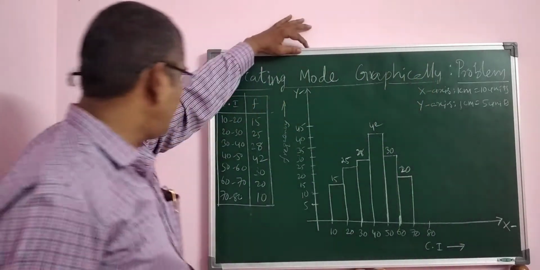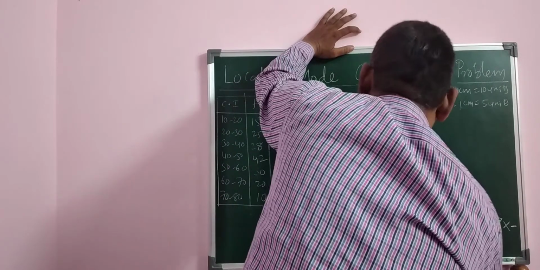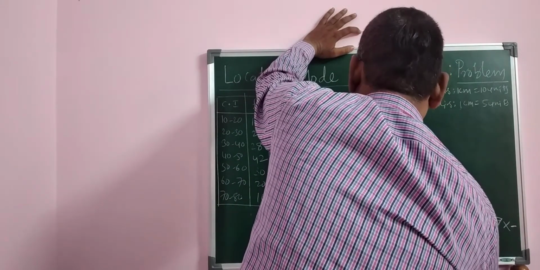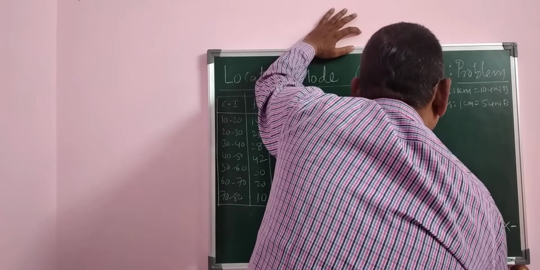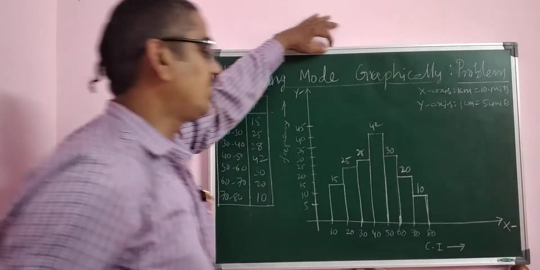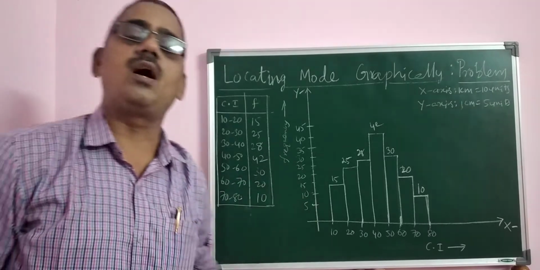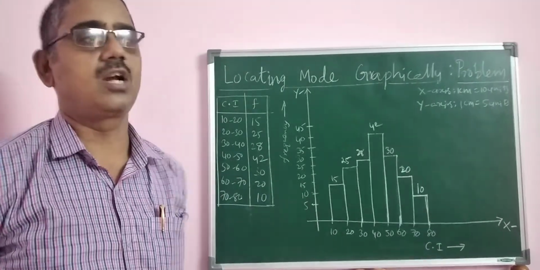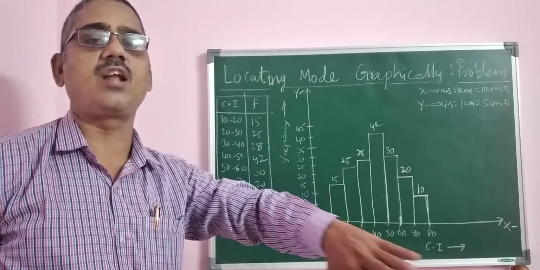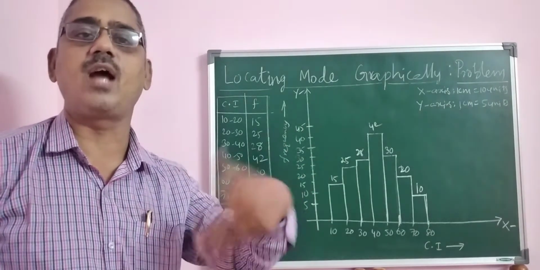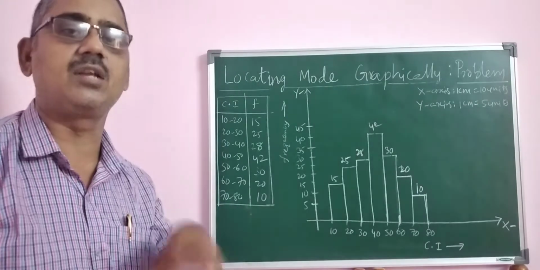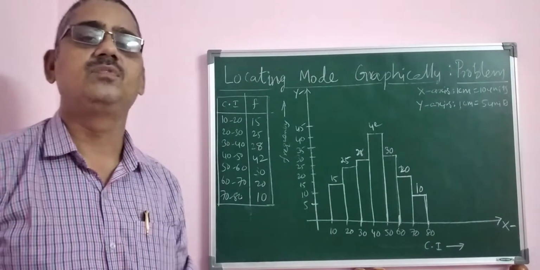And then 70 to 80 it is 10. This is the value 10, the corresponding frequency. This is the histogram we have constructed, obtaining continuous rectangles for the given data. It is nothing but a histogram.